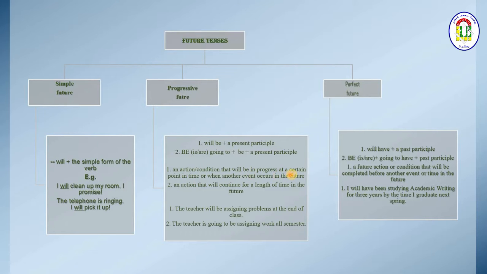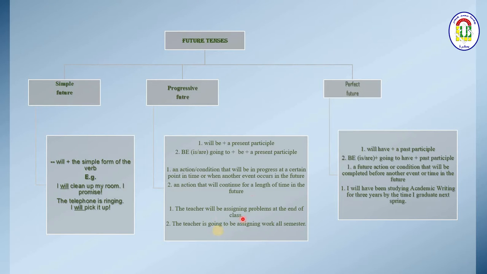An action or condition that will be in progress at a certain point in time or when another event occurs in the future. Example: the teacher will be assigning problems at the end of class. The teacher is going to be assigning work all semester.